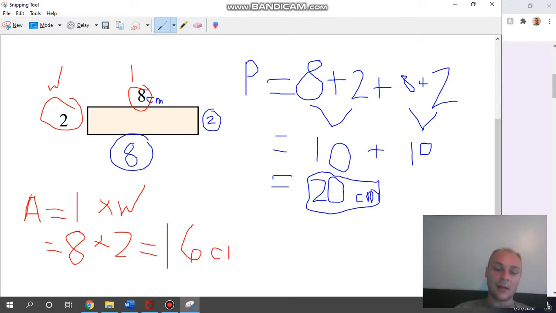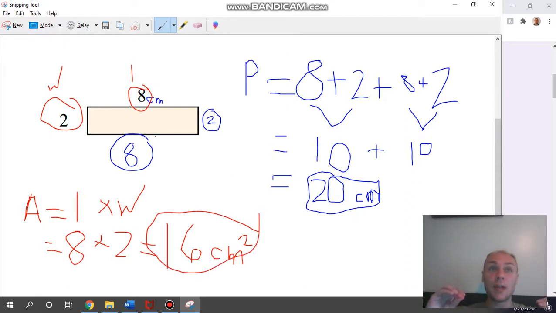When we find area, it's going to be centimeters squared. So we put a little 2 up here. The reason we put the 2 up there and say squared is because it's a two-dimensional shape, okay? And a rectangle is technically a square. So when we're finding area for two-dimensional shapes, we always put squared so that we know it's a flat surface.